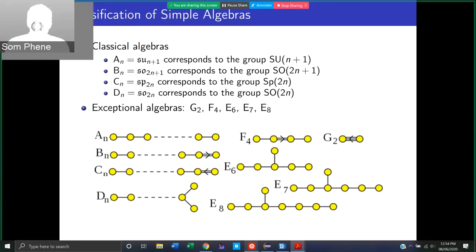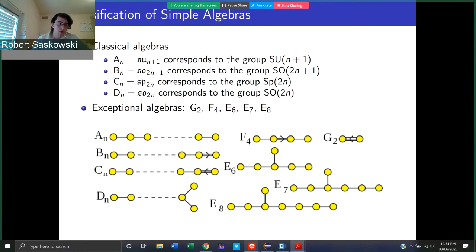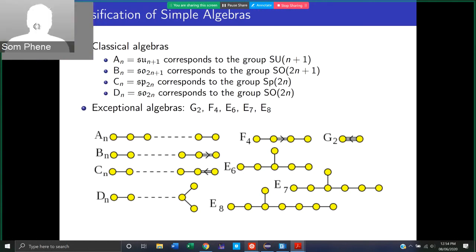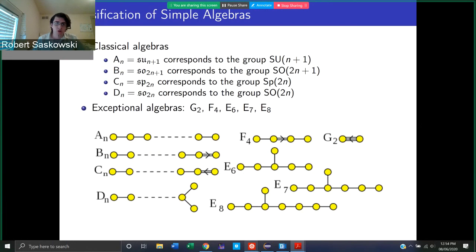So then what are you hinting at regarding the correspondence of branching rules for the groups? Oh, okay. So the branching rules for groups. Well, if the group is simply connected, then the branching rules will be the same as those of the algebra.